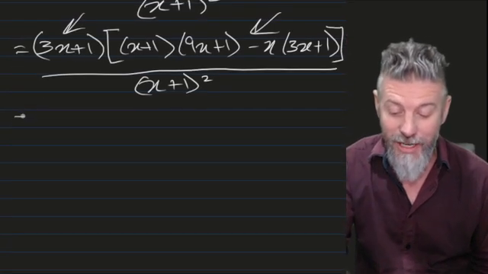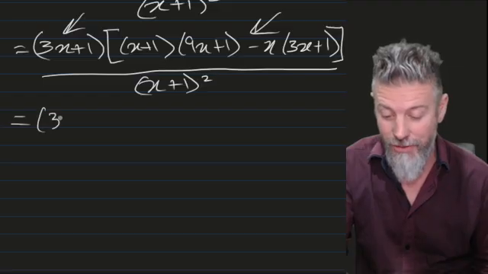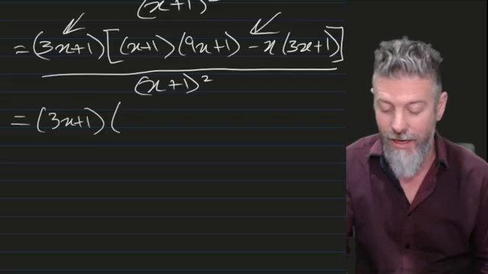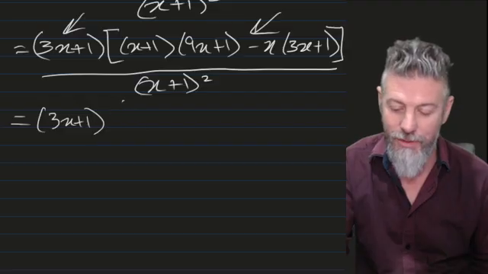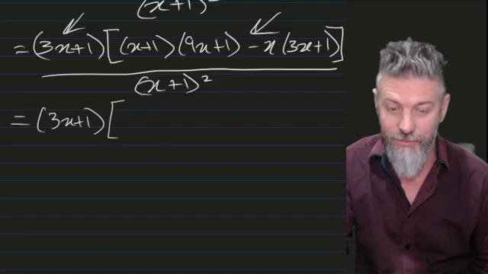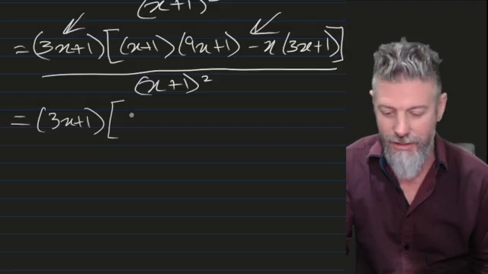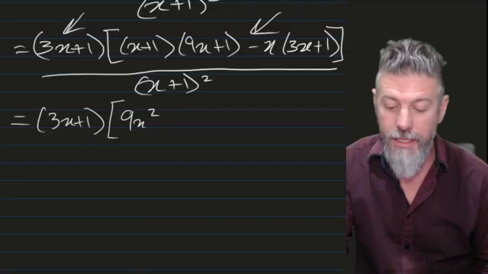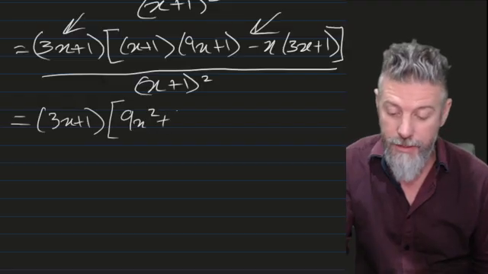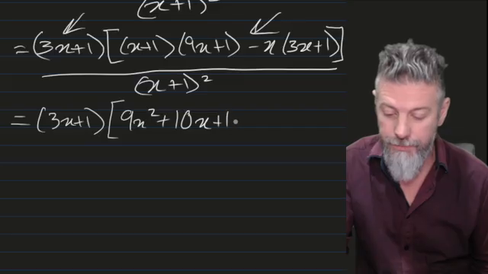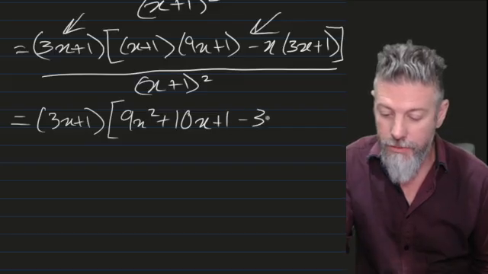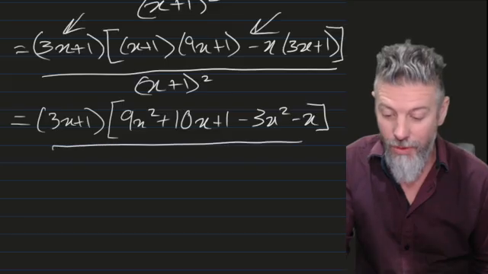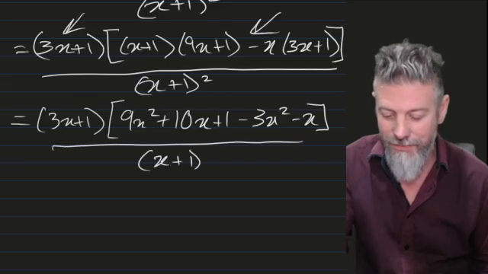If we were going to tidy up the middle, now I made this question up. So the ability for this bit inside here to become something, actually let's make it square brackets so we don't get confused, to become something that's usable, a quadratic that's usable, it's highly unlikely. So we're going to have 9x squared plus x plus 9x, so plus 10x plus 1, minus 3x squared minus x, all over the bottom squared.